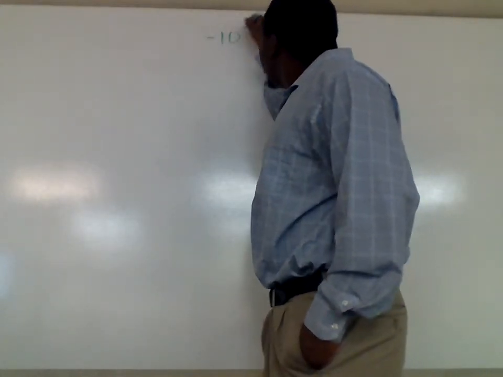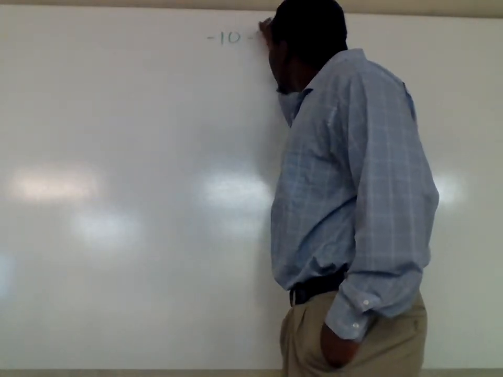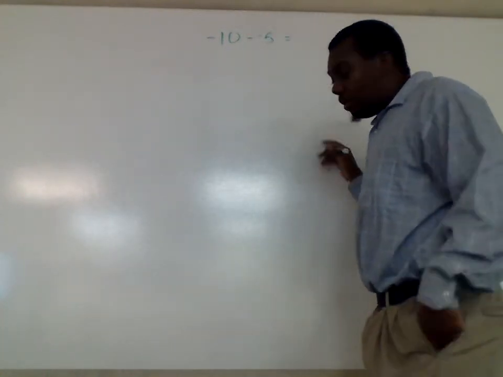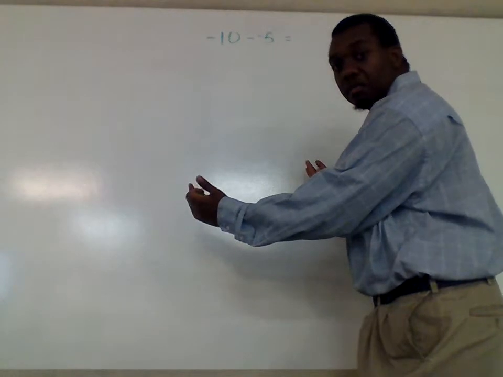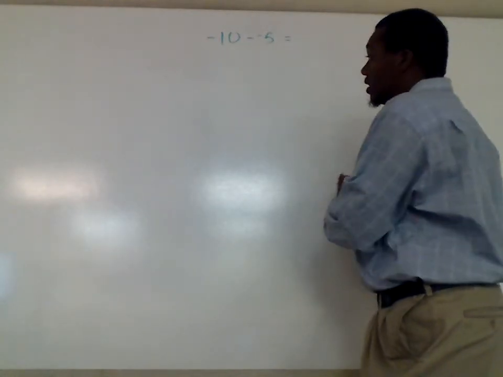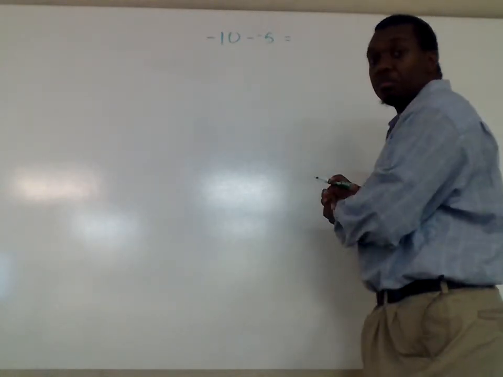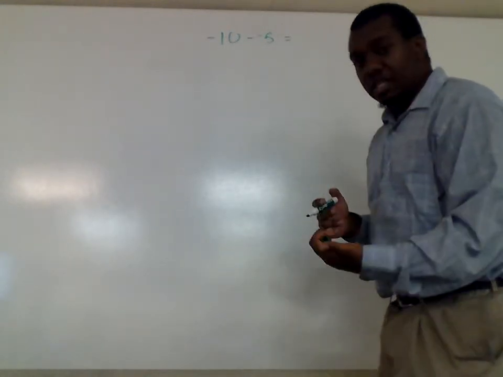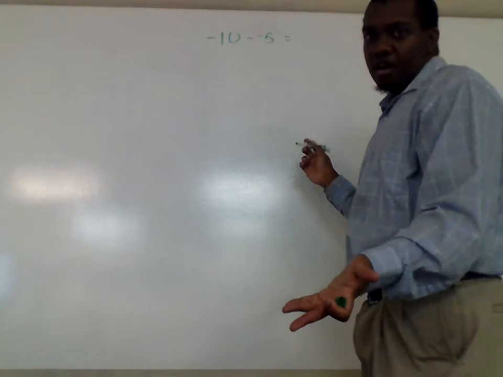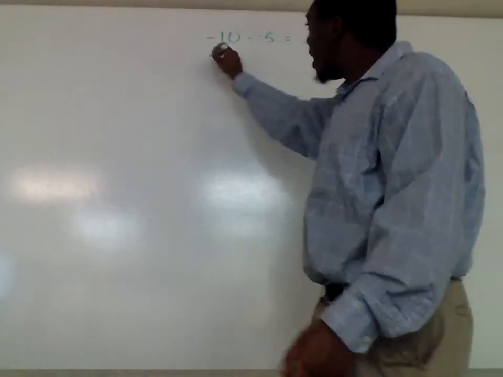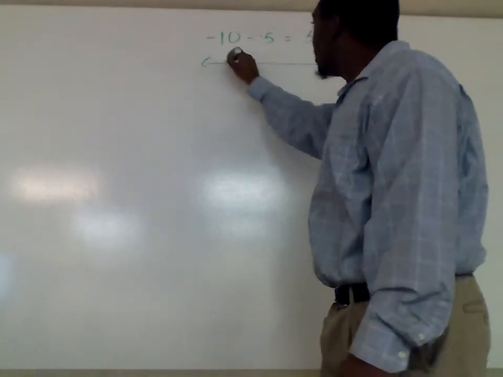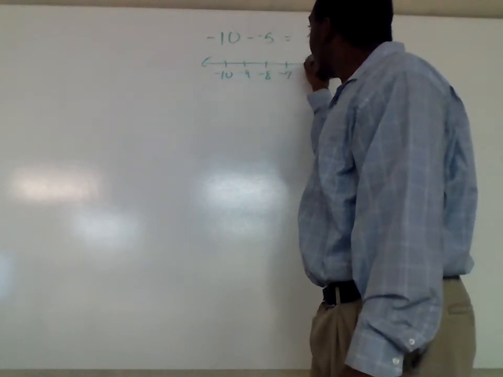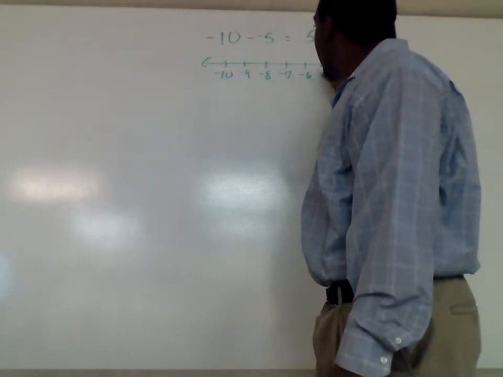So let's just say we have -10, and we're going to subtract -5. Well, they're both on the negative side, right? So we can still think of it as if it was two positive numbers, and it still makes it quite simple. So how far apart is negative 10 from negative 5? Well, they're just 5 apart, right? If I had my number line, I have negative 10, negative 9, negative 8, negative 7, negative 6, negative 5.